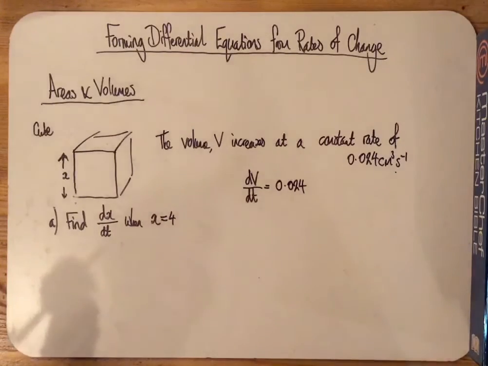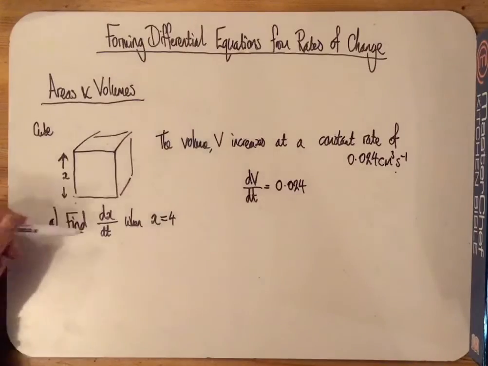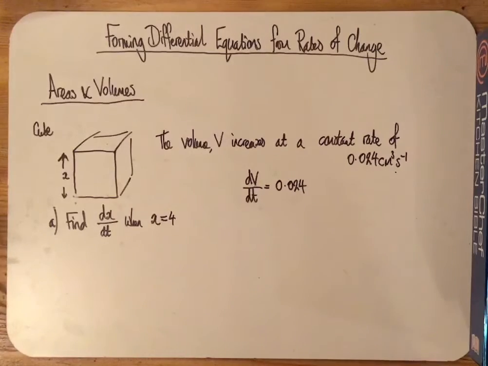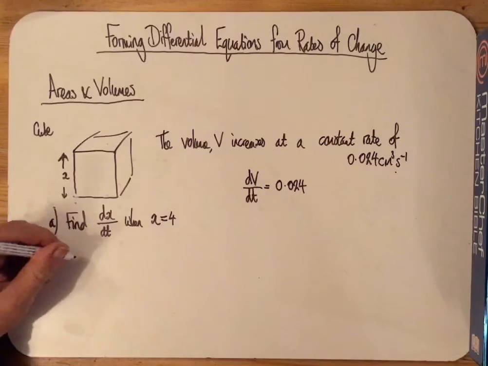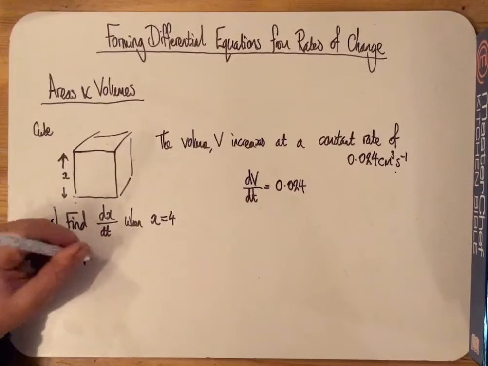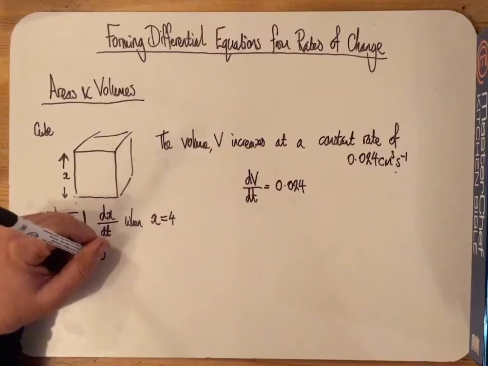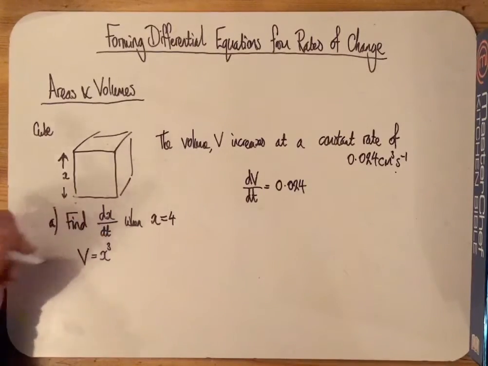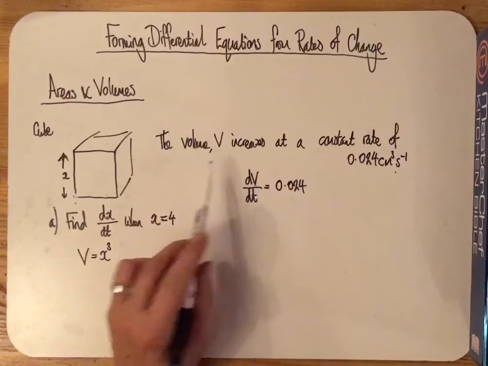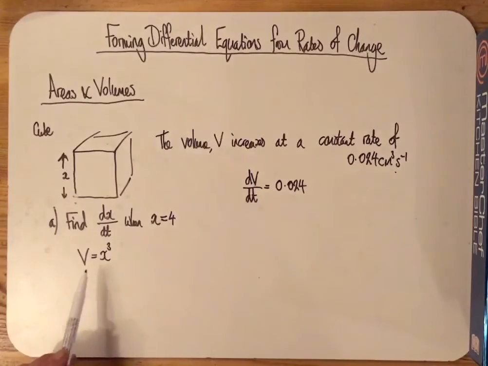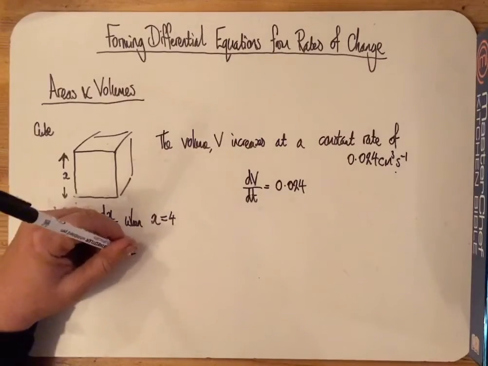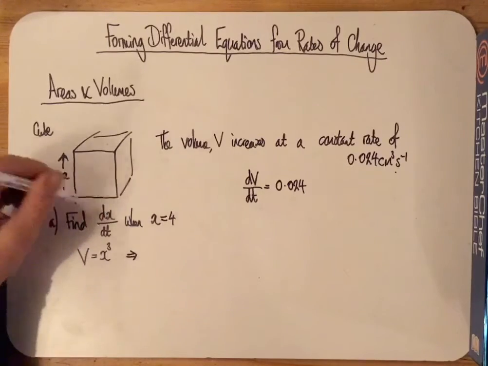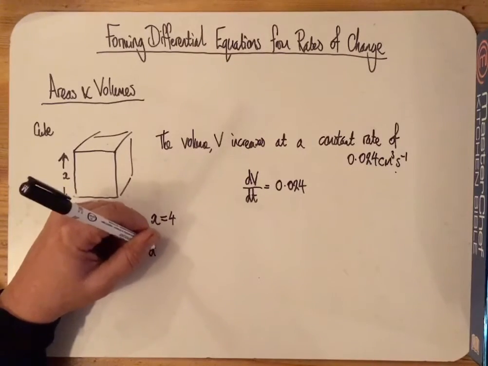Then, as we did before, we're looking for dx/dt, but we just need to work with what we've got. I know that the volume is equal to x cubed. This is really typical: if you're told something about the volume and you've got some dimensions, chances are you're going to have to find the volume, in this case in terms of x, and differentiate.